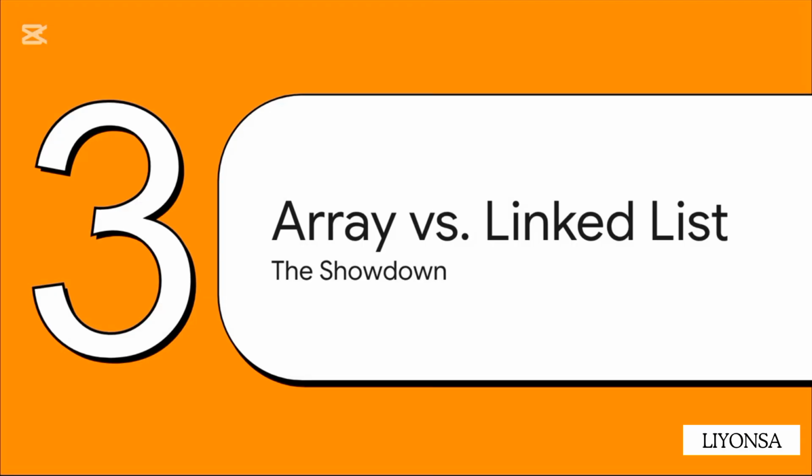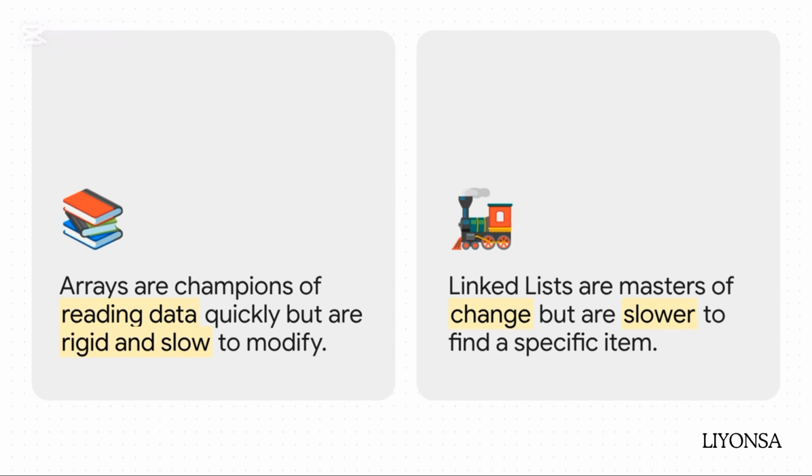So there we have it, two very different ways to do things, each with its own awesome superpower and its own distinct weakness. Let's put them side by side for the final showdown. And this really gets to the heart of the trade-off. The array, our bookshelf, is an absolute champion at reading data quickly, but it's rigid, it's slow to modify. On the flip side, the linked list, our train, is the master of change.